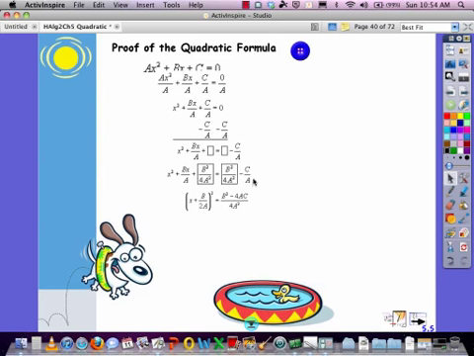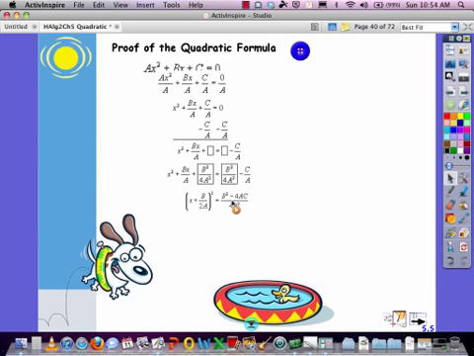We're going to take this fraction, c over a, and multiply it by 4a on the top and the bottom. 4a times c gives us 4ac on top, and 4a times a gives us 4a squared. Now the two fractions are exactly alike, and we can combine them, and that's where the b squared minus 4ac all over 4a squared comes from.